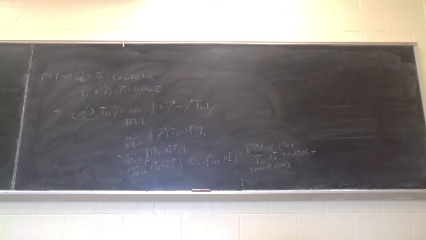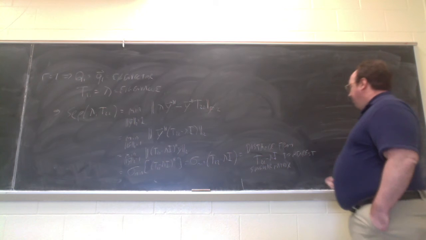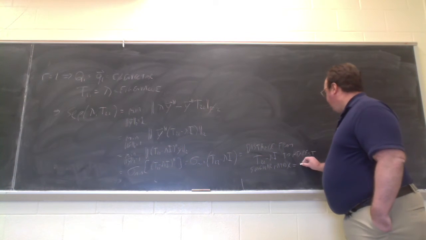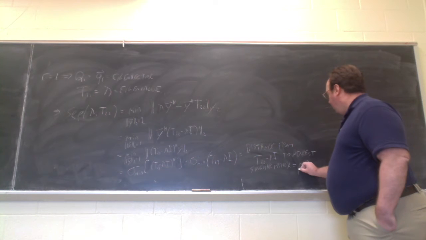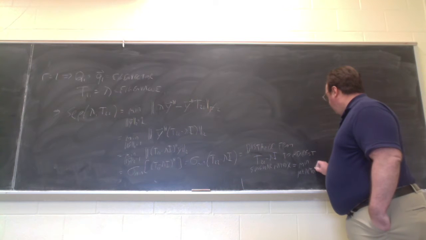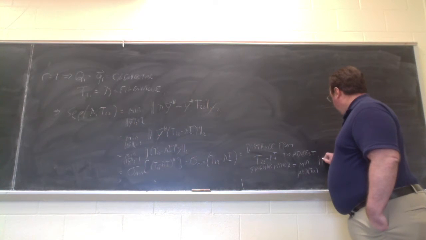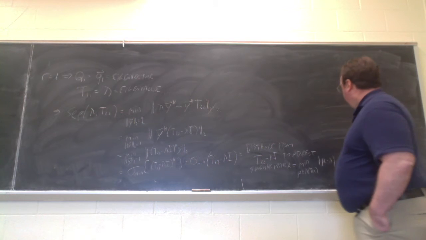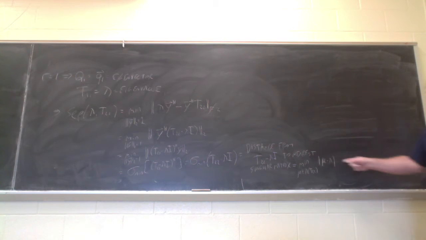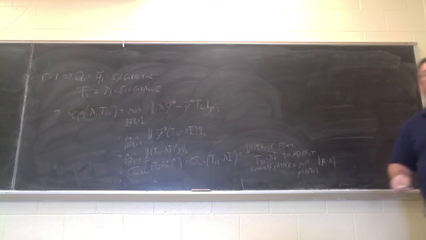This distance would be 0. So really, it's equal to the minimum over all eigenvalues of T22 of the minimum distance between any of those eigenvalues of T22 and lambda. Okay. So that's how separated lambda is from T22. It's just the smallest distance between lambda and any of the eigenvalues of T22.